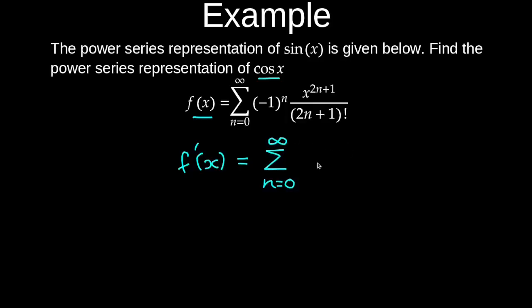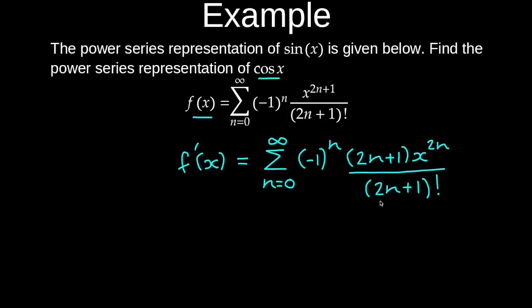So we have -1 to the n, and then using the power rule for differentiation, we have 2n plus 1, and reduce the exponent by 1. And that's divided by 2n plus 1 factorial.